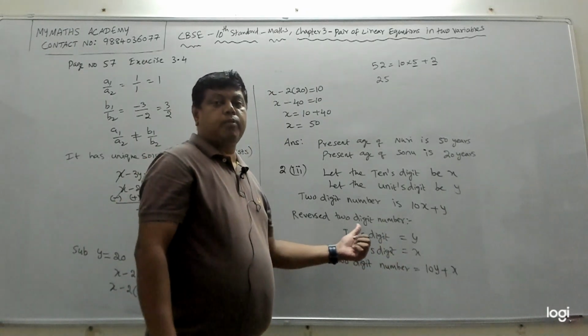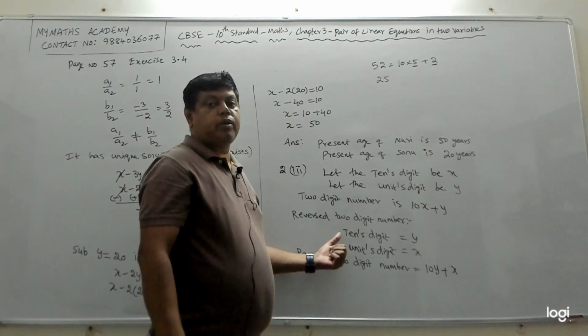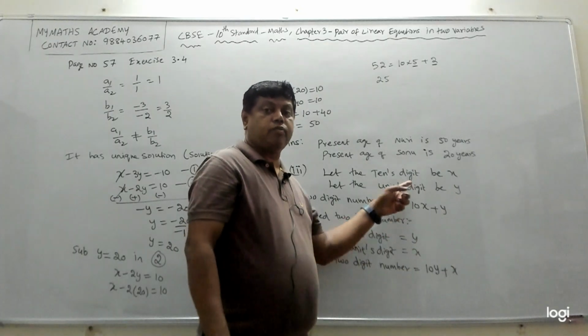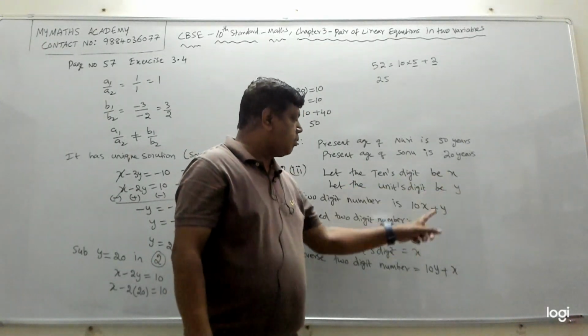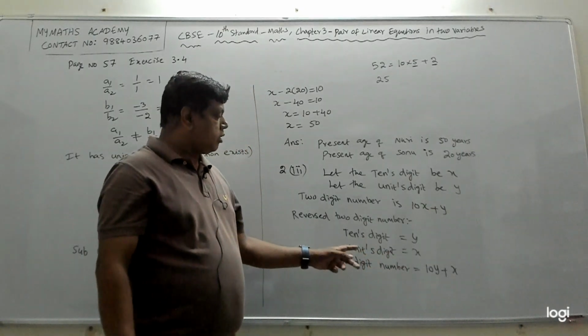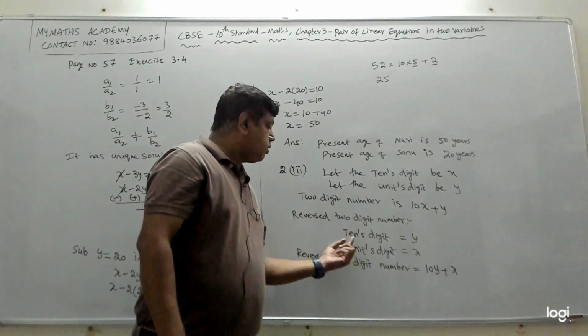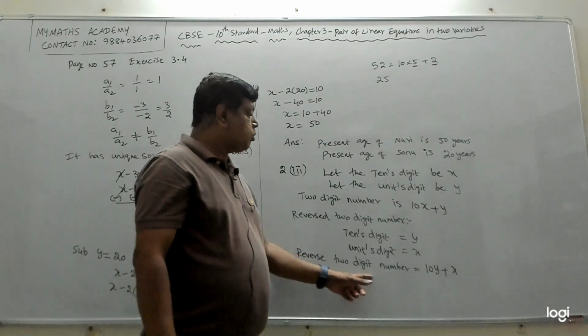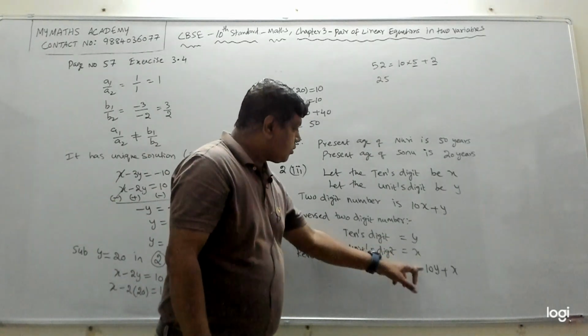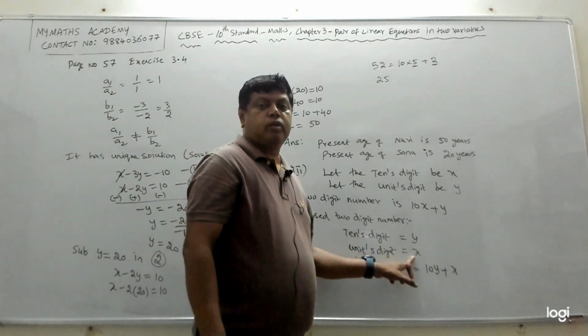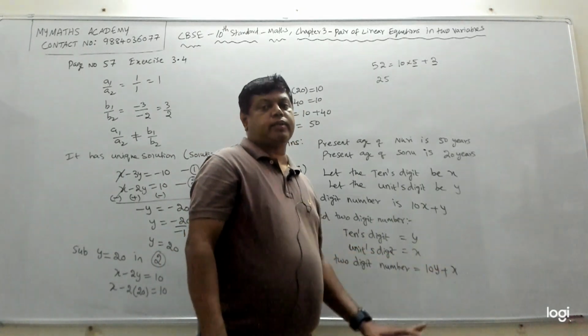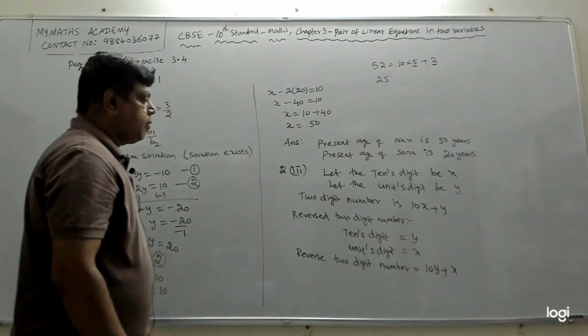In the reversed number, the ones digit of the original number, which is y, becomes the tens digit, and x becomes the unit digit. So the reversed 2-digit number is 10 times the tens digit, which is y, plus 1 times the unit digit, which is x. 1 into x is x. So this you should write.